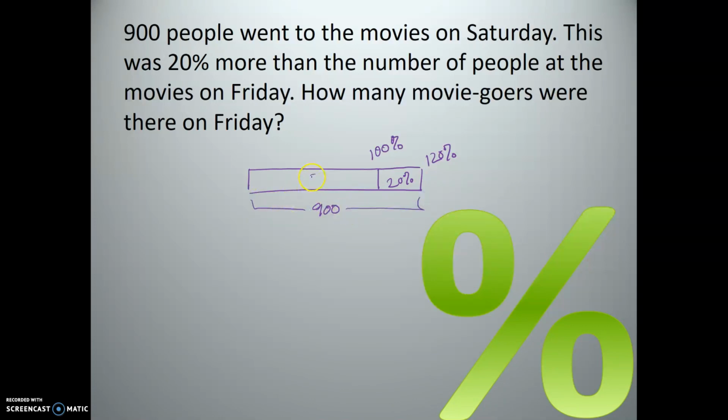And we want to know how many people showed up on Friday, right? So we're going to solve for, we're going to assign 120% to 900. And then divide both sides by 120 and solve for 100%.